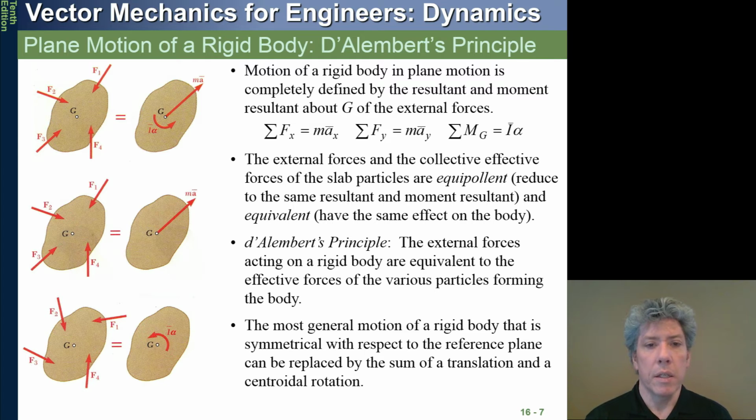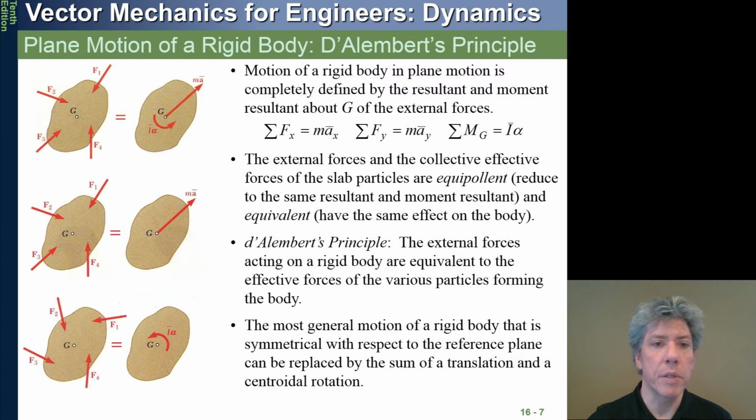Now, if we have a situation where all of those 4 forces, look at the center row here, all 4 forces on our potato body, if they pass through the same point, then notice that there would be no force couple. So there'd be no change in the angular speed of the body, and we could represent these forces by an equivalent dynamic force, ma bar, right?